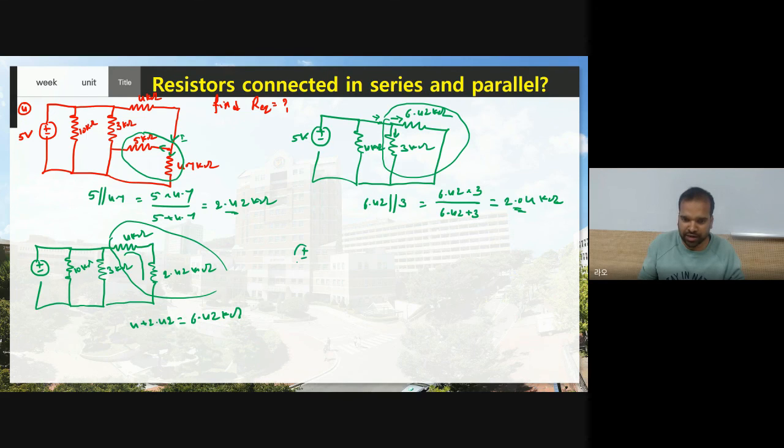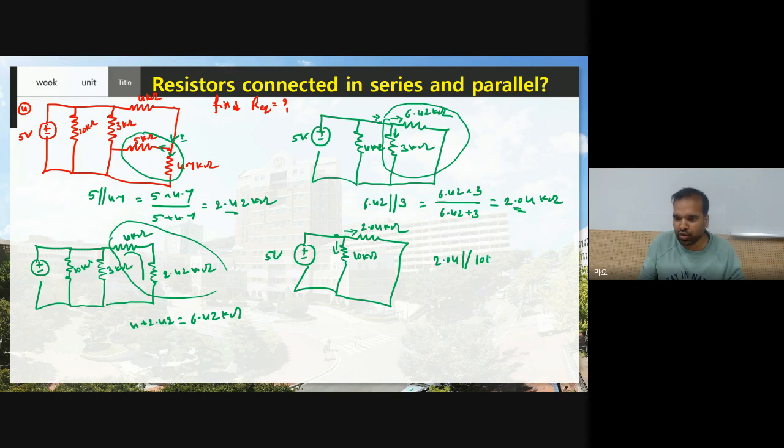Yes. Now we have a voltage source, and we have one resistor, that is 10 kilo ohm, and instead of the other two resistors, another resistor, that is 2.04 kilo ohm. Now this is 5 volts. Now see, if the current is coming here, some current is going this way and some current is going this way through the 10 kilo ohm. Therefore this 2.04 is connected parallel to 10 kilo ohm.